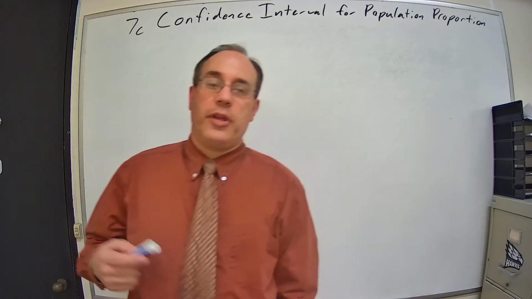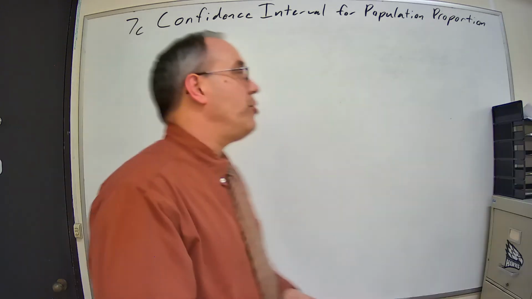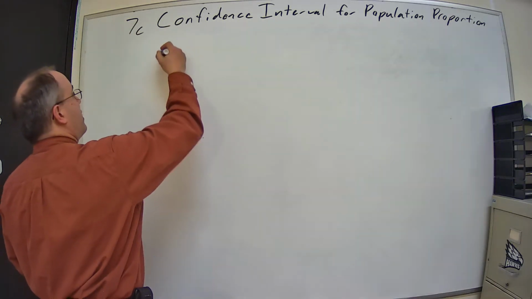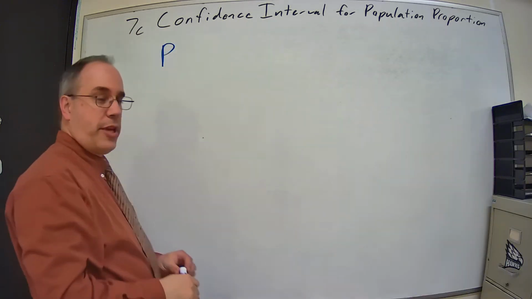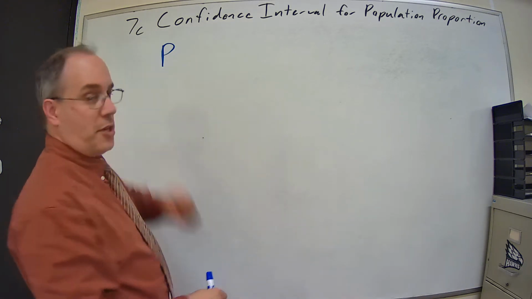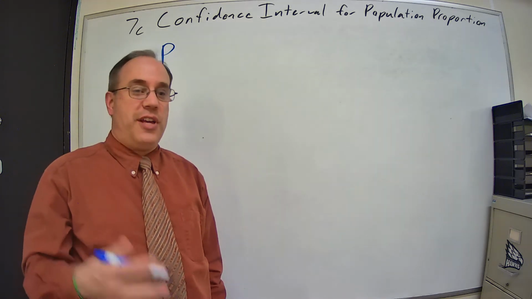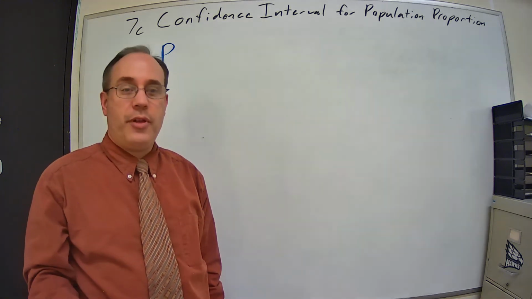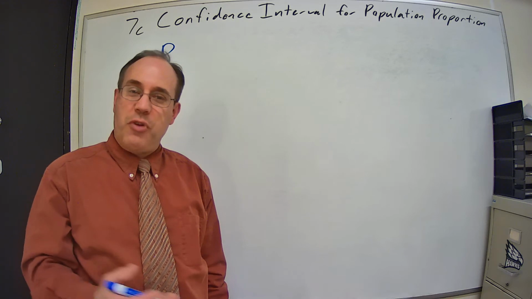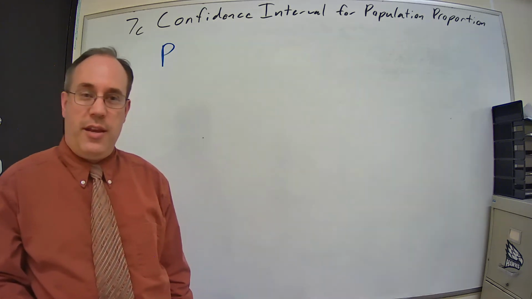So that's population proportion. We use a lowercase p for population proportion. So that's a lowercase p. And if you remember in the past, we've used lowercase p for probability. Well, proportions and probabilities are very much related.